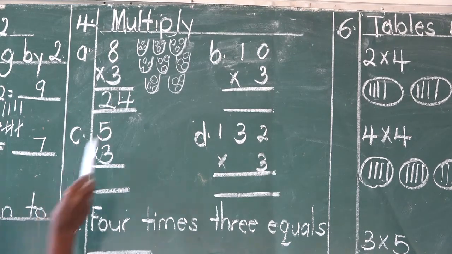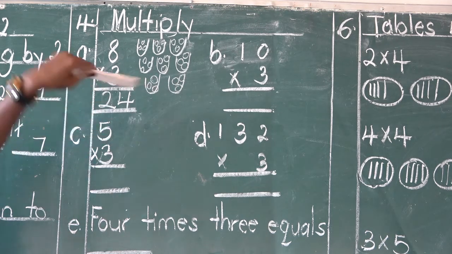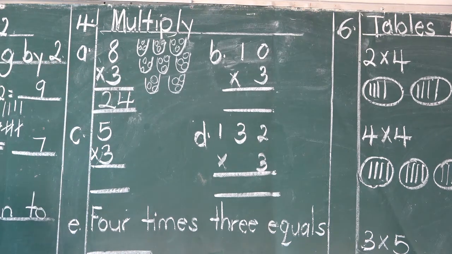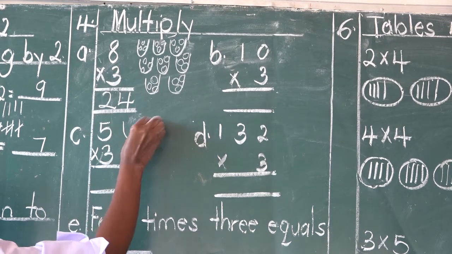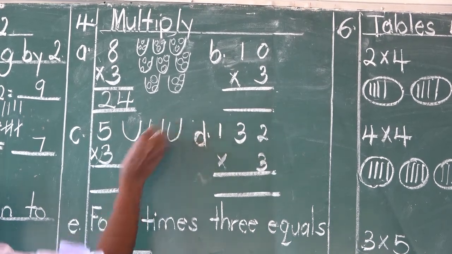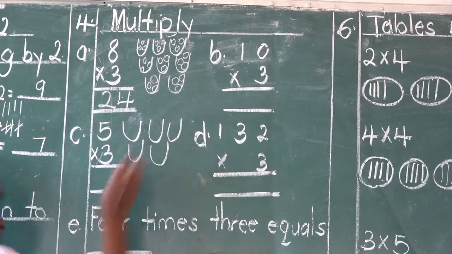We have here 5 times 3, which is 5 groups of 3. We form our 5 groups: 1, 2, 3, 4, 5.